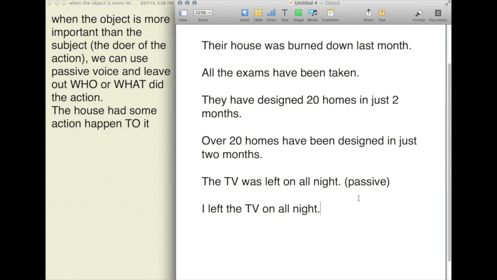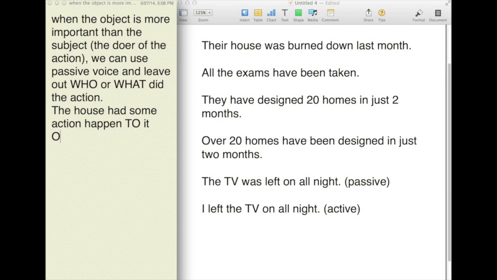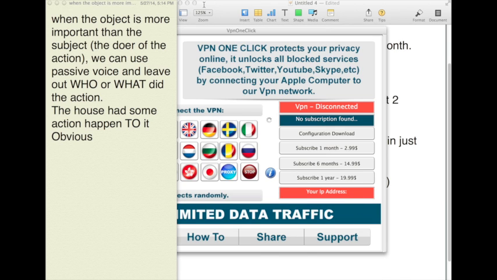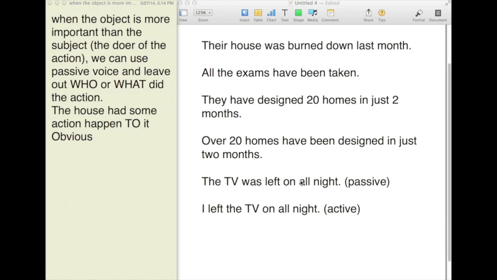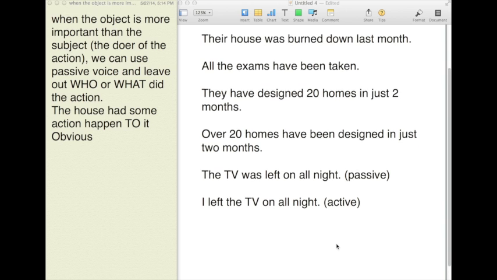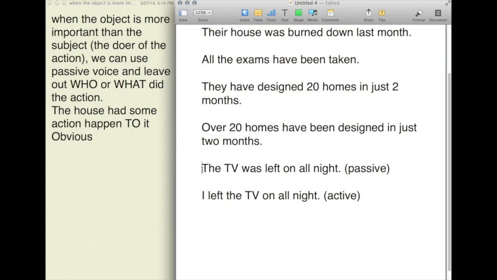But we don't need to say this one because maybe there's only one person living here to leave the TV on. So it's obvious who left the TV on. We can just say it this way when we want to focus on the TV.